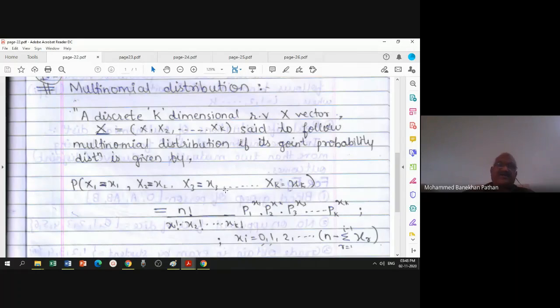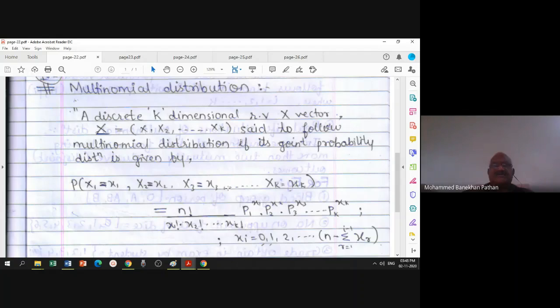I told you many times, tossing of a coin is a standard example for a binomial experiment. Result of examination, either pass or fail, the quality of a product, good or bad, and so on.